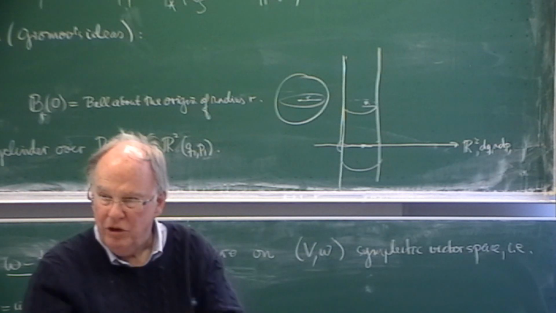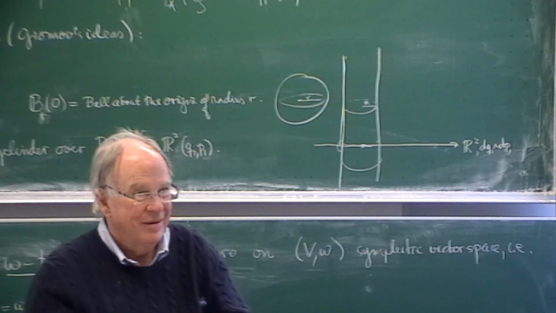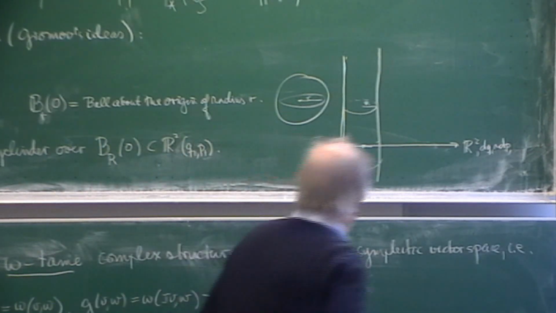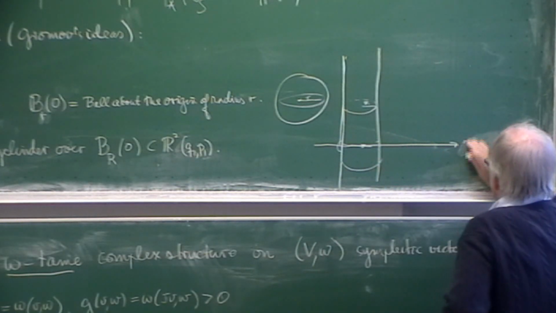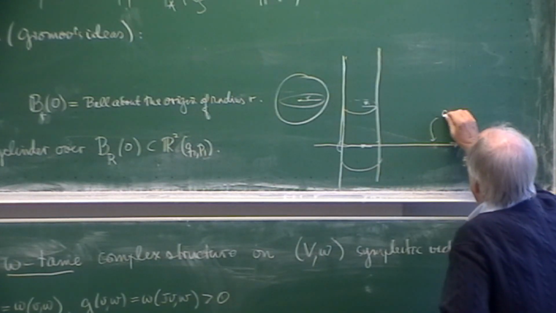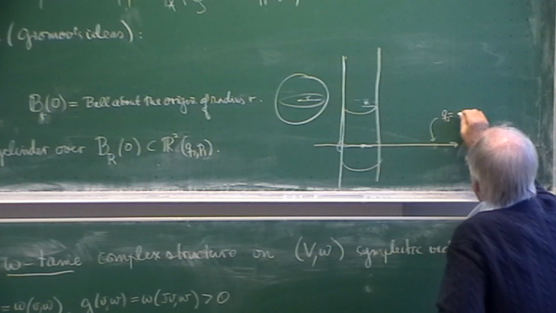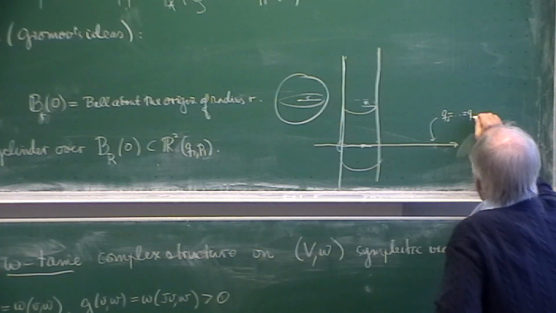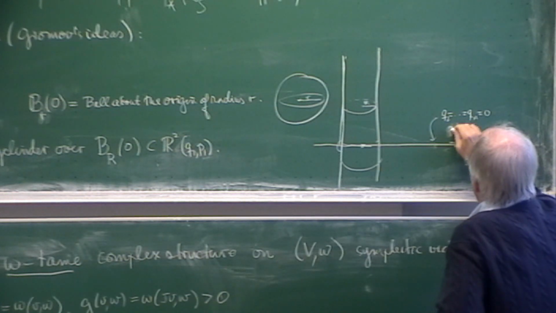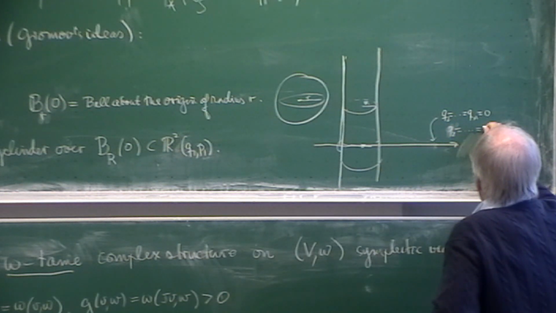I'm projecting on q1, p1; the fiber is q2 through qn equals 0 and p2 through pn equals 0.